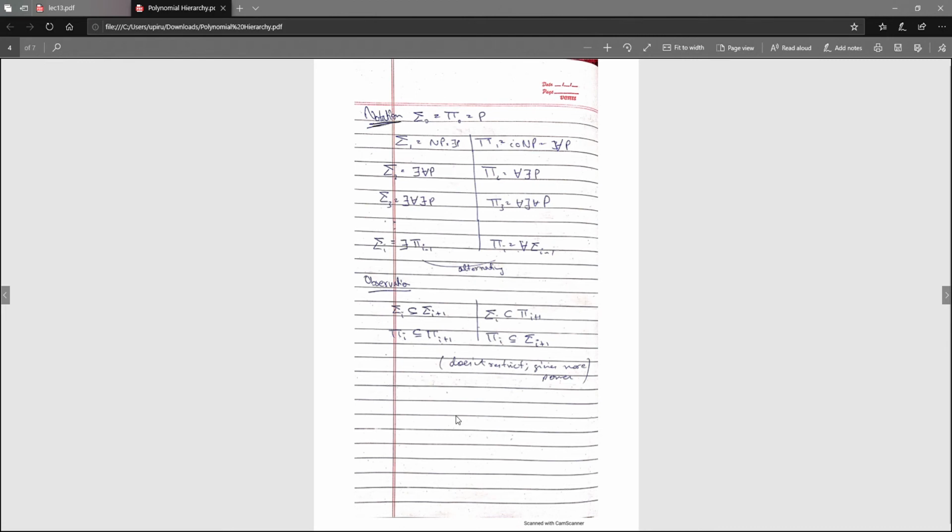Also we can see that sigma I is a subset of product of I plus 1, and product I is a subset of sigma I plus 1. Okay, these are the observations we can draw from this notation.